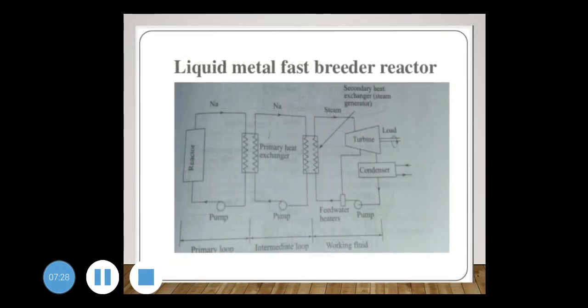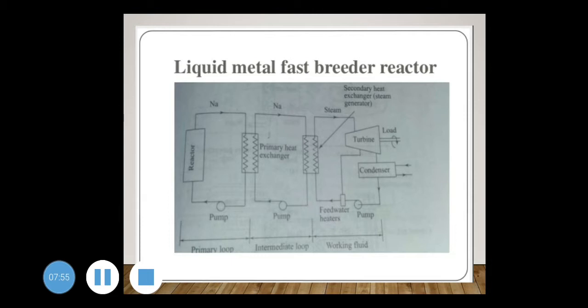Now the liquid metal fast breeder reactor, another type of nuclear reactor, whose short form is LMFBR. It is a type of nuclear reactor that generates more fissile material than it consumes.